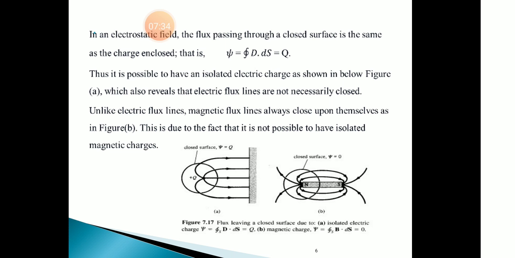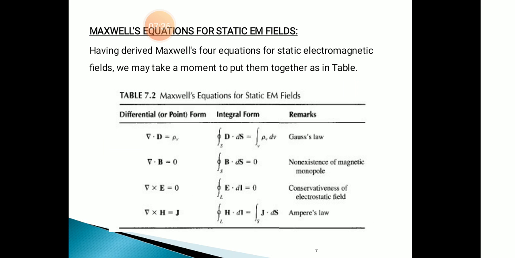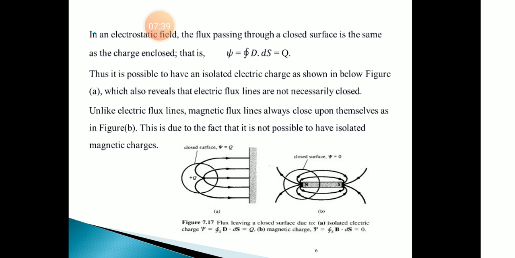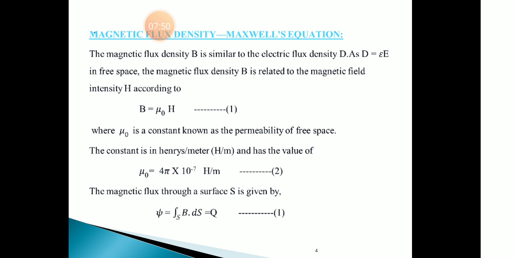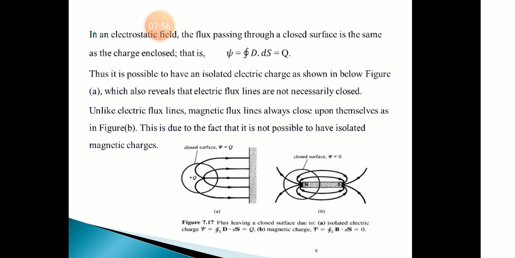So psi is equal to the surface integral of B bar dot dS bar. That shows it is not exactly at right angles to the area, but making some angle with the plane.